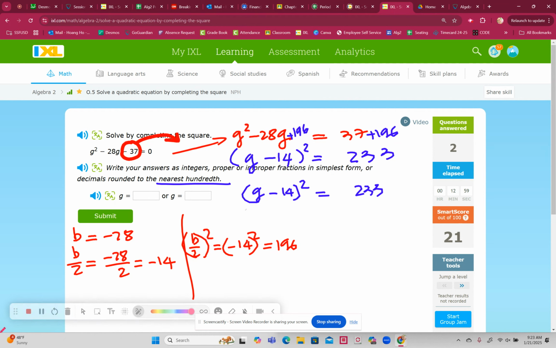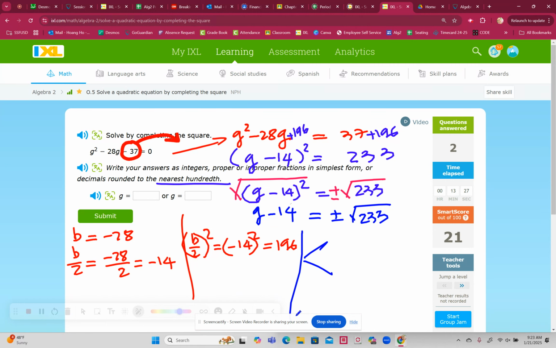You take square root on both sides. What is missing, Ashley? Plus minus. Okay, so square root and power 2 cancel out. So now on the right side, plus minus square root of 233. Okay, so now two answer.